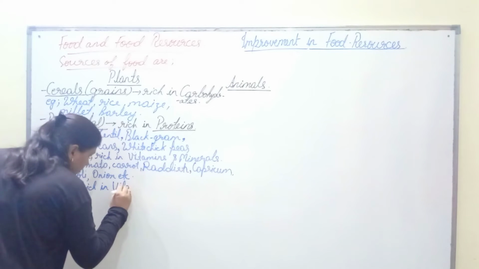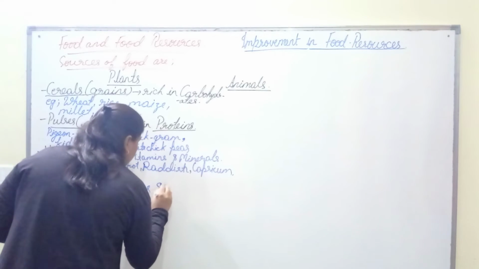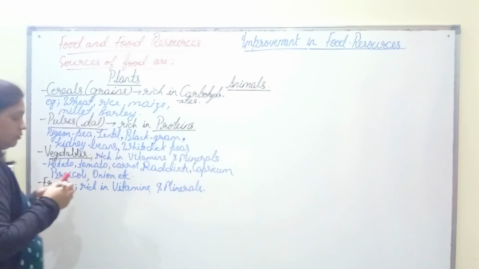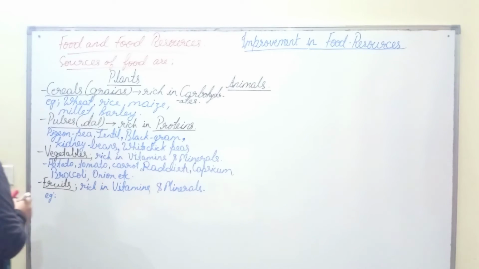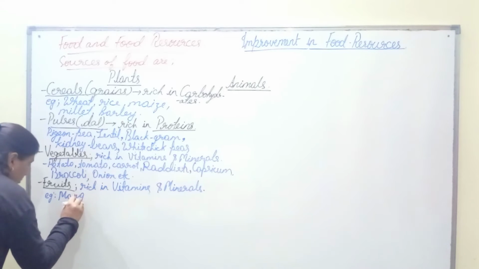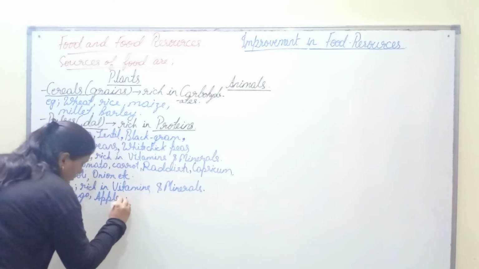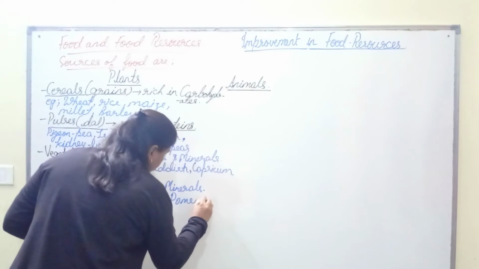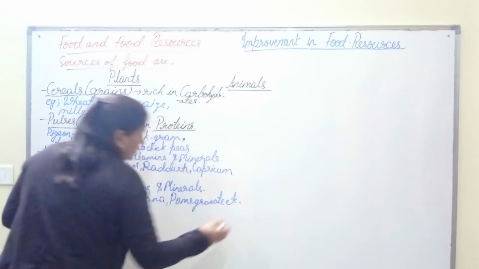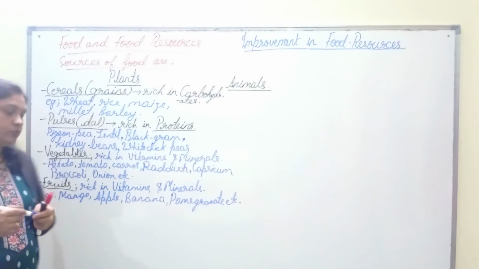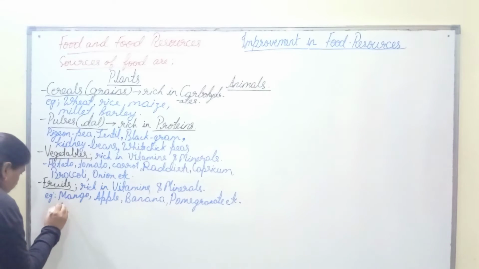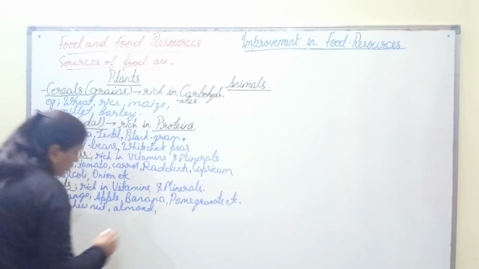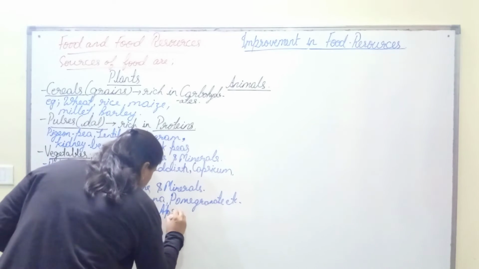And their examples are apple, banana, pomegranate, mango, etc. As well as it also includes dry fruits, and examples of dry fruits are cashew nut, almond, apricot, etc.